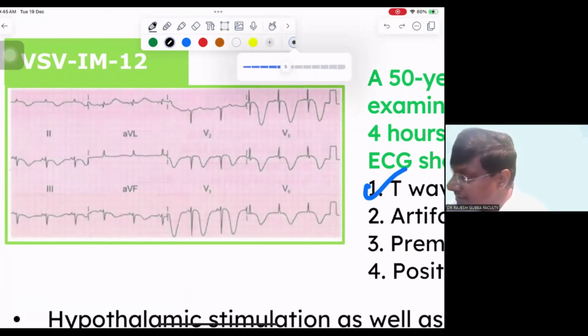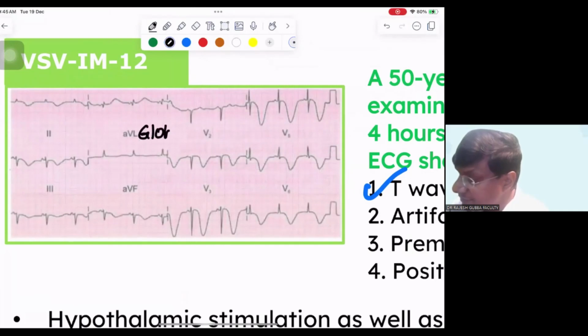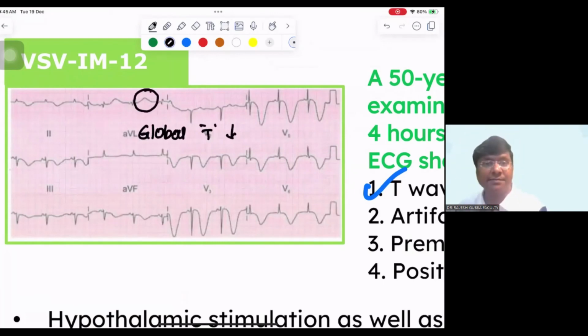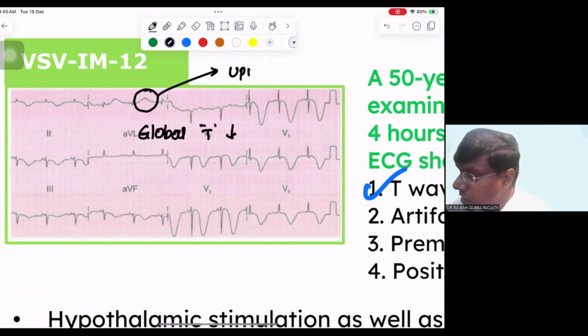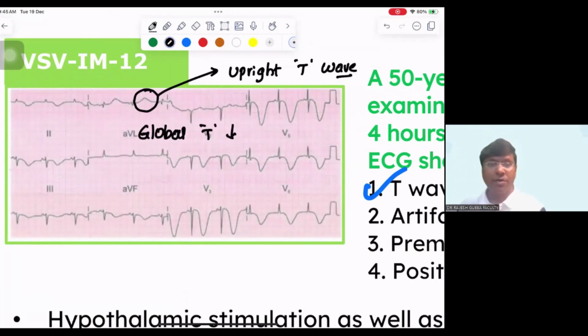So just now I was discussing the raised ICT where you will have global T wave inversion, except in aVR. In aVR, you will have the upright T wave. Right?